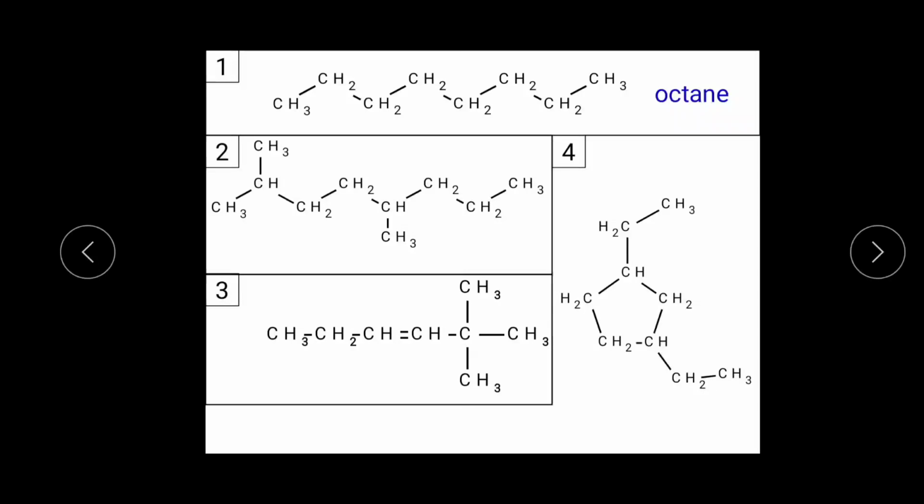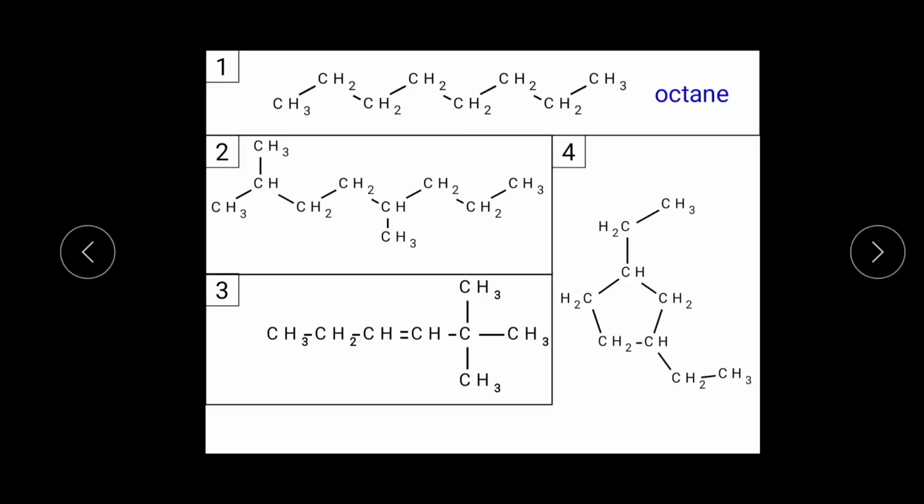For the second one, number 2, as you can see, we have here 2 side chains, or 2-methyl or dimethyl. So we're going to begin counting left to right, since the side chain is located on the nearest end of the left side.